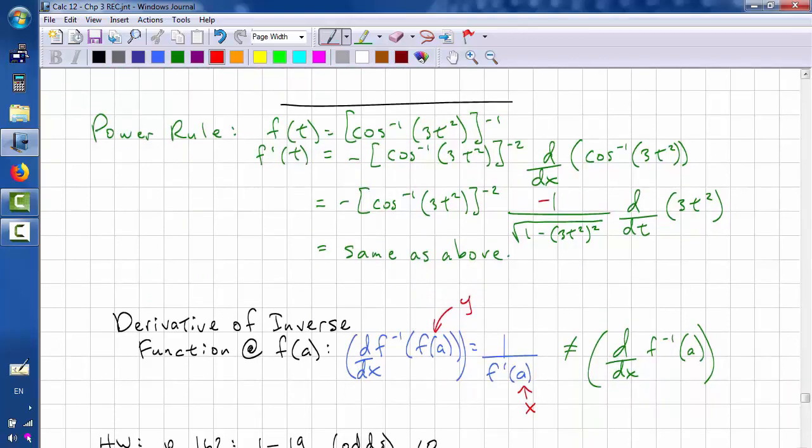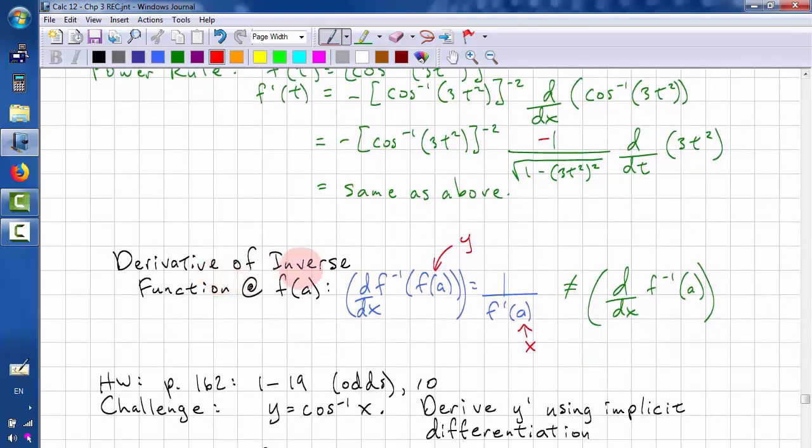And here's another property that might help you. The derivative of an inverse function at f of a is d dx of the inverse function of f of a. This is a y value equals 1 over f prime of a. That's your x value. But that does not equal the derivative of the inverse of f at a.